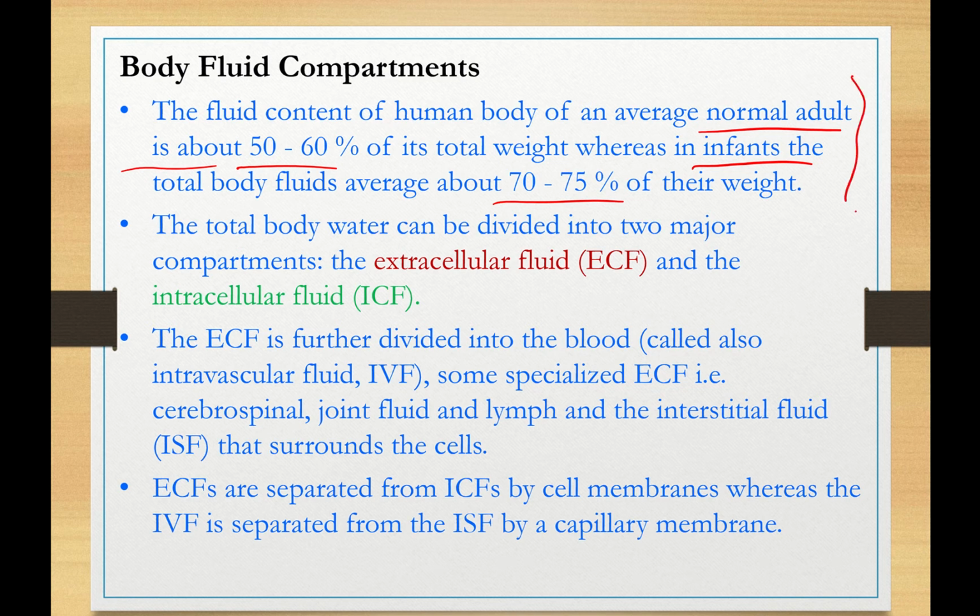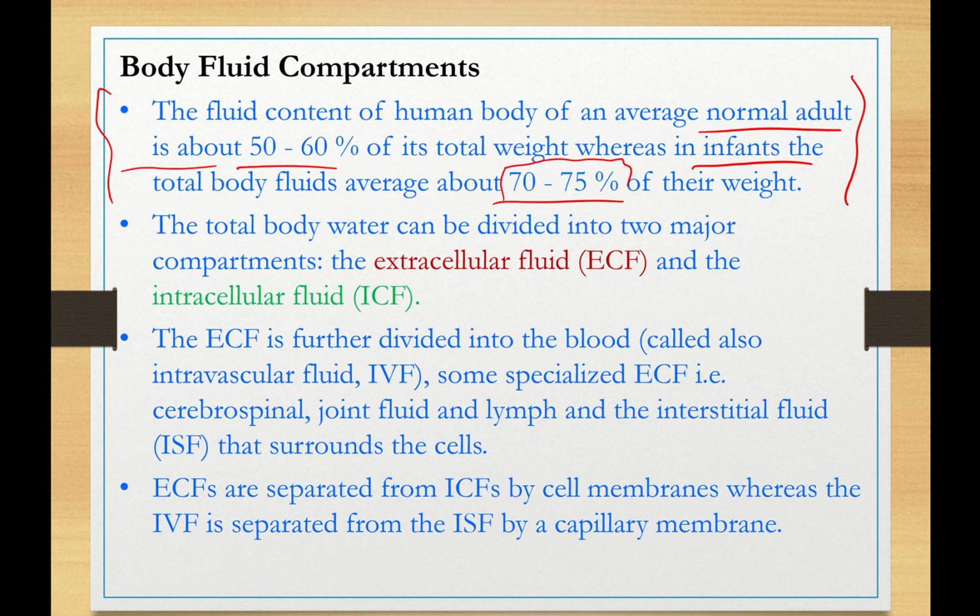And this is important information, especially in pharmacokinetics, because there is a parameter called volume of distribution of the drug, and you need to be familiar with the percent body fluids in order to adjust the dose correctly in these special patients.